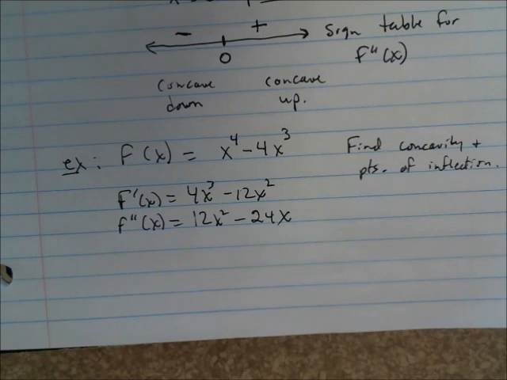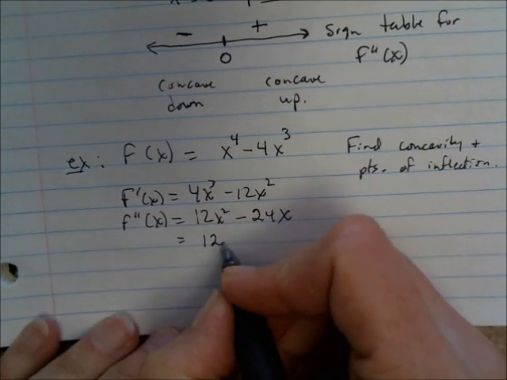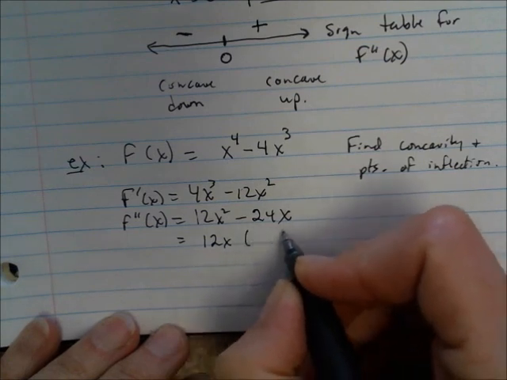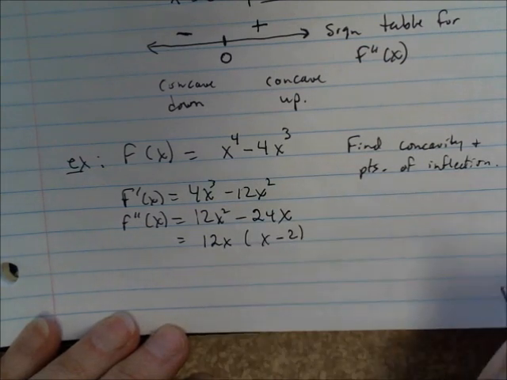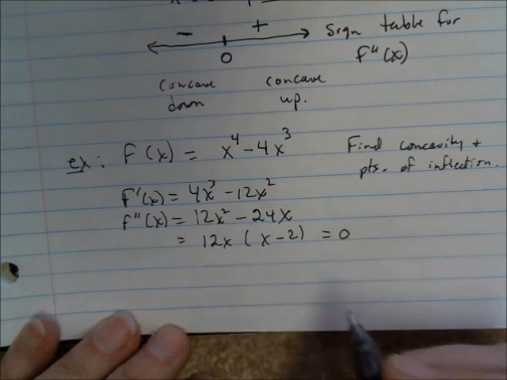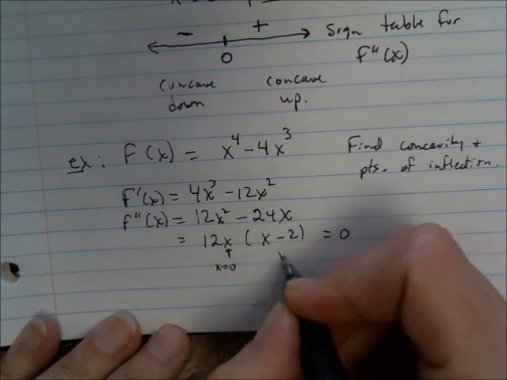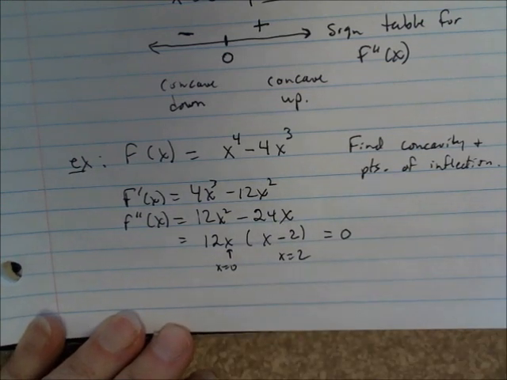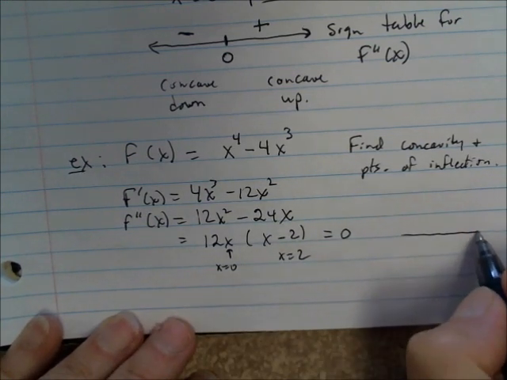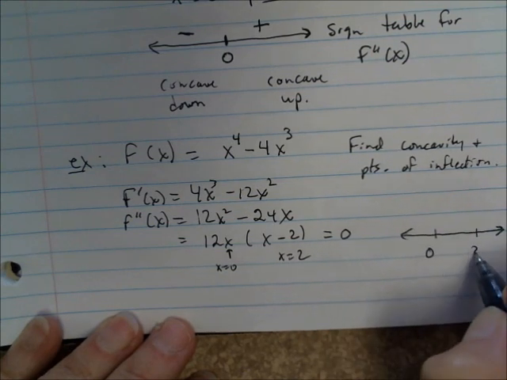So what we're going to do is factor this, taking a 12x out, and we're left with x minus 2, and set it equal to 0. And we get possible inflection points at x equals 0 and x equals 2. So now let's set up our second derivative sign table, x equals 0 and x equals 2.